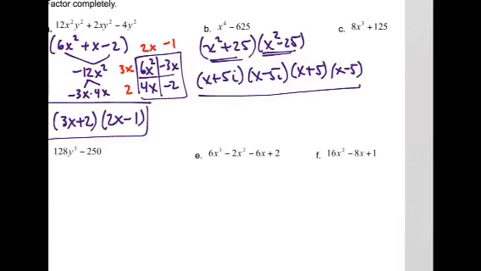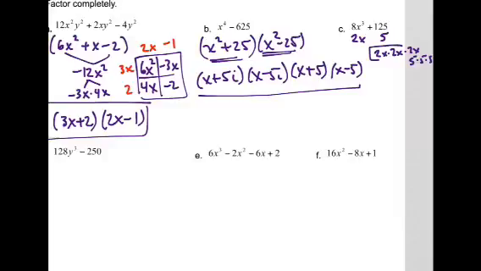Okay, letter C is a sum of cubes. So the cube root of 8x cubed is 2x, and the cube root of 125 is 5. Okay, so this is where you use the SOAP strategy. So we write 2x, 2x, 2x, and then 5, 5, 5.